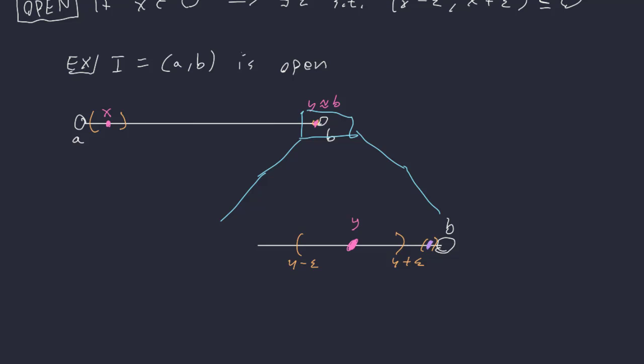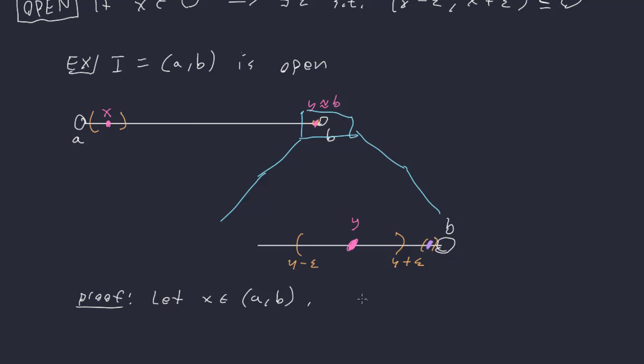Now, if we wanted to give a formal proof of this, it's kind of this same idea here. All we're going to do is let x be in the interval a to b.